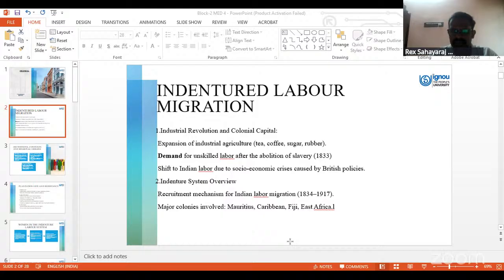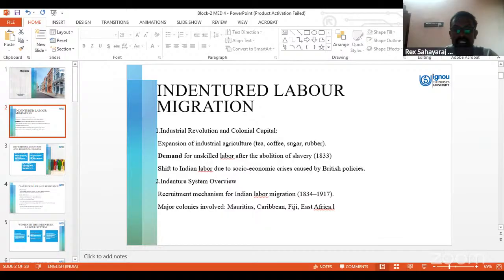definition. When you speak about the definition part, before that we should understand the industrial revolution and colonial capital, that is, the expansion of industrial agriculture, especially of food crops like tea, coffee, sugar, and rubber. This industrial revolution took place in the agricultural field, and this led to the demand for unskilled labor.